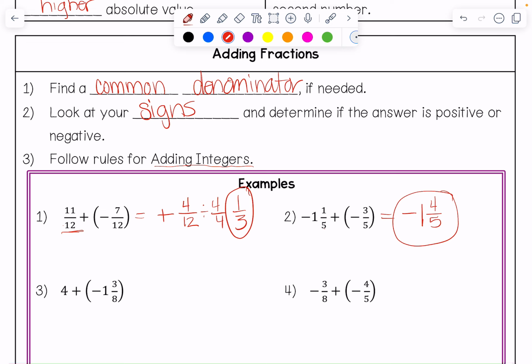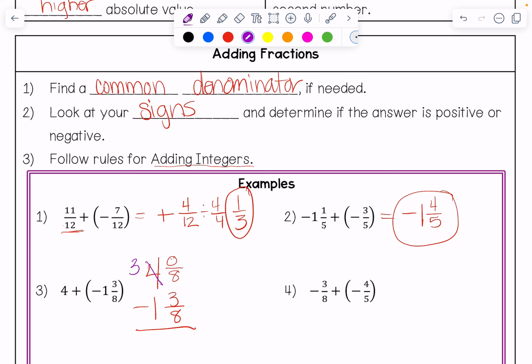Here I have a positive and a negative, so I know that I'm going to be finding the difference. Really what we're doing is taking 4 minus 1 and 3/8, okay? This 4 right now is like 4 and 0/8. So I can't take 3/8 from 0/8.